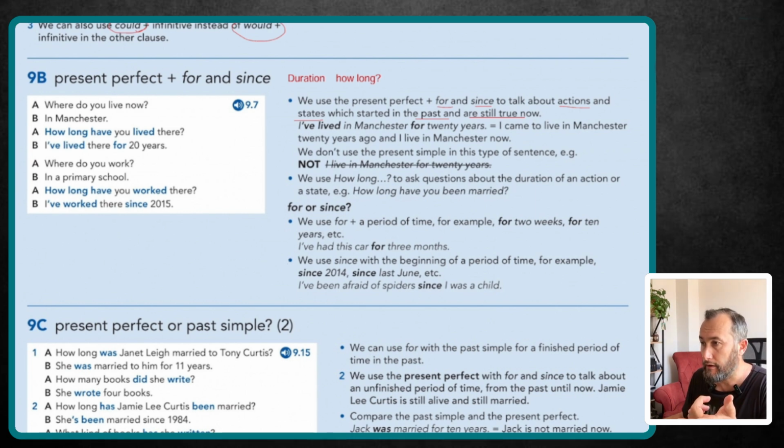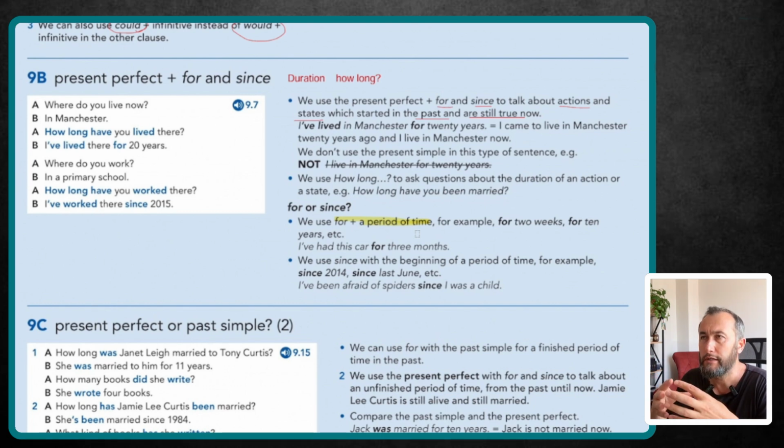For, here you go, guys. For plus period of time. This is for the period of time. As you can see, a month, 2 months, 2 weeks, 2 hours, 2 years, a long time. Something countable, I would say. 2 hours, 1, 2, 3, 4 hours. 6 months, 1, 2, 3, 4, 5, 6 months. 2 minutes, 5 minutes.